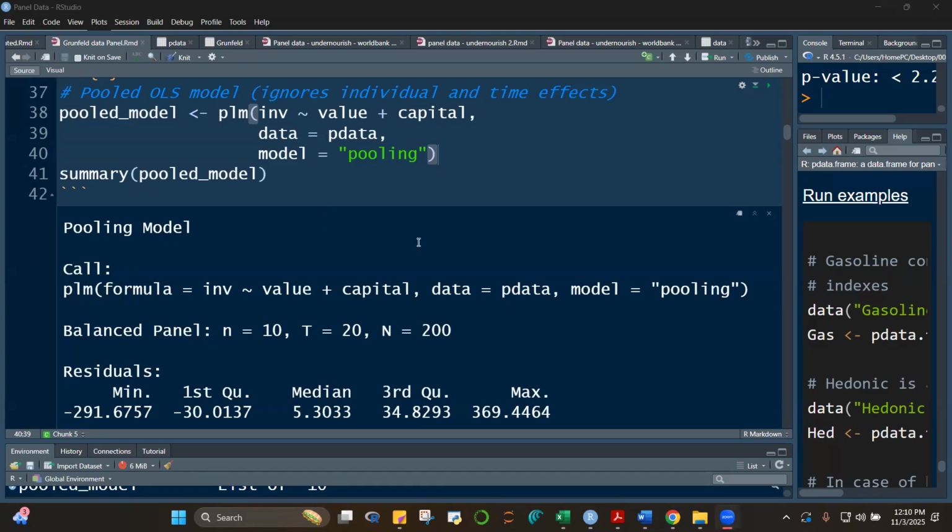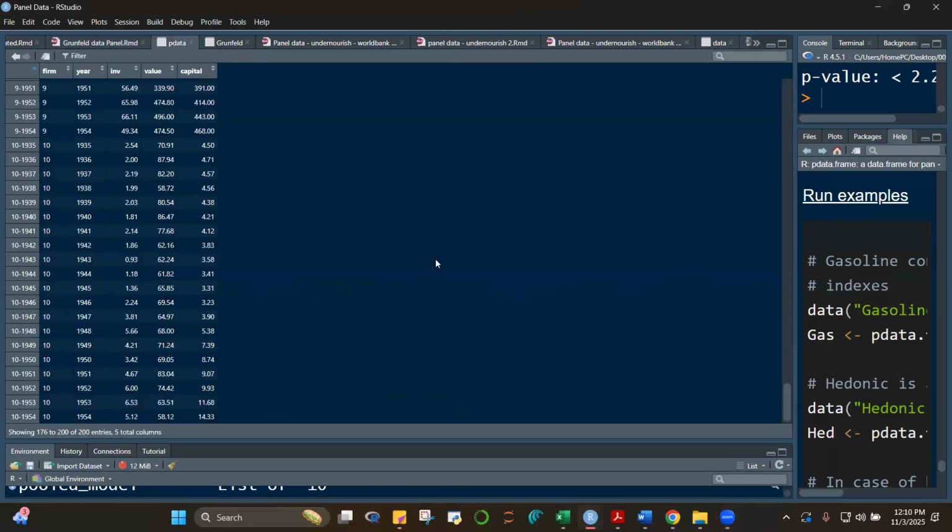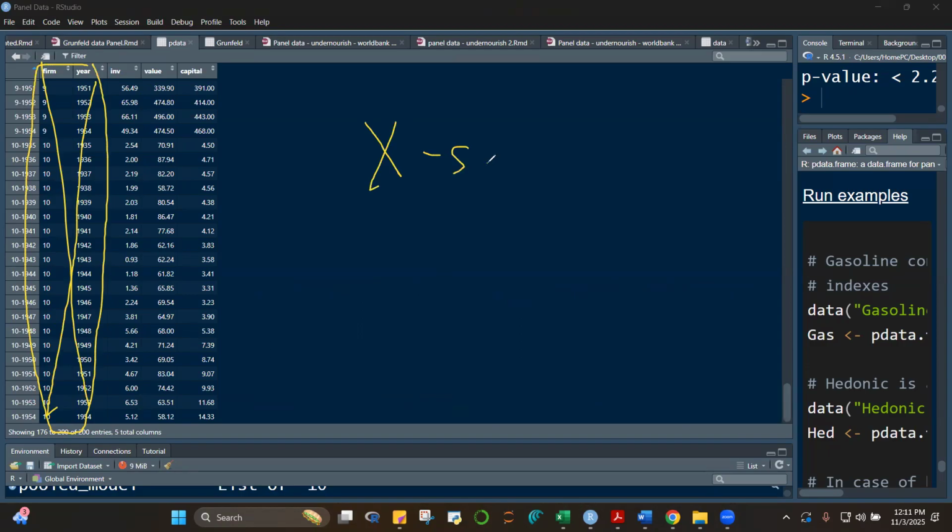Okay. So what happens, class, with a pooled OLS? It will disregard this one. It will disregard your firm and your year. So it will treat it like cross-sectional data. What does that mean, class? It will treat each observation as separate observations.